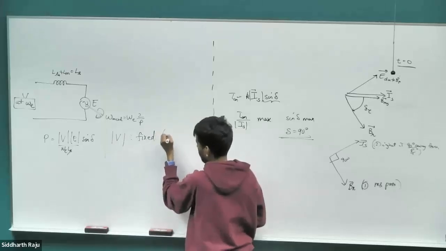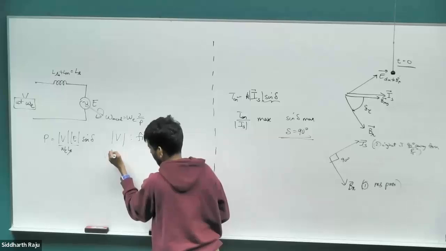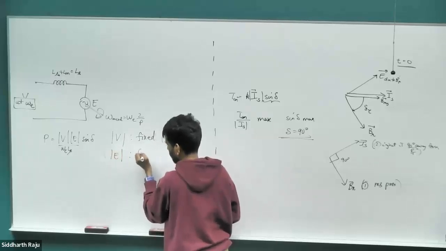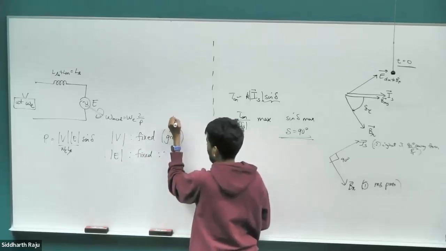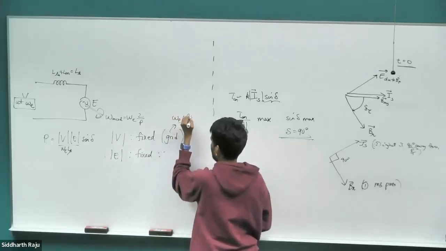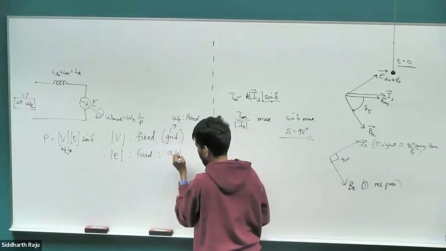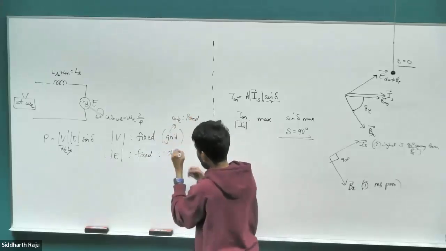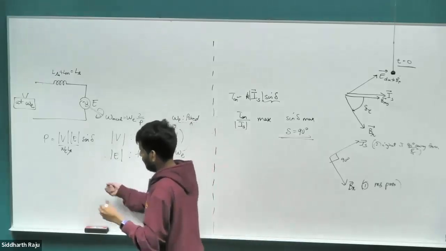For instance, think of it as a grid voltage. And then E is fixed as well. E magnitude is fixed because omega E is fixed, and the EMF is directly proportional to omega E. And since omega E is fixed, the back EMF term is also fixed. And then of course Ls is fixed.